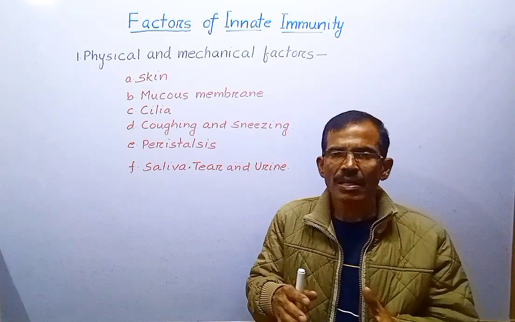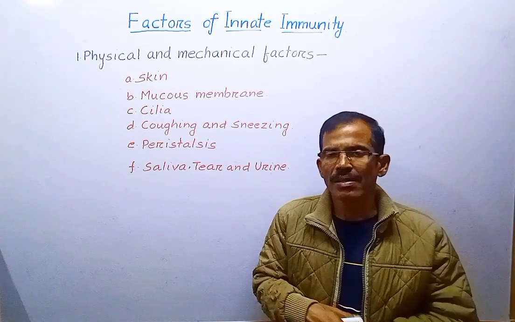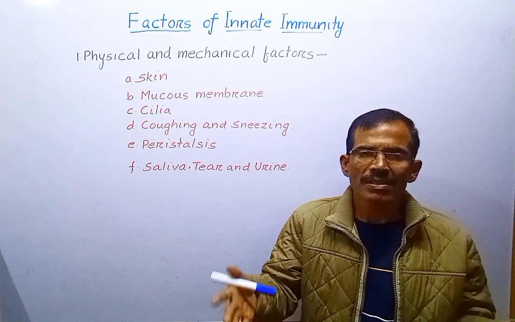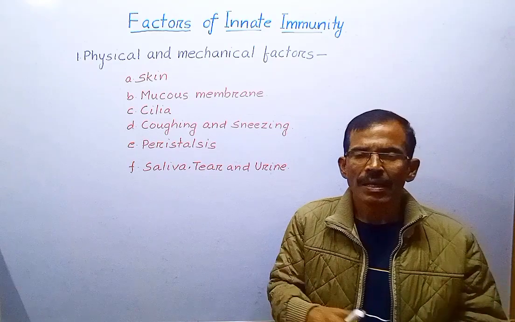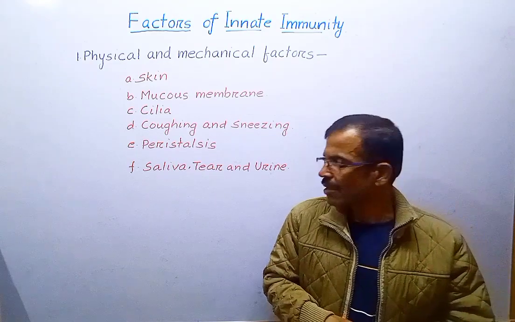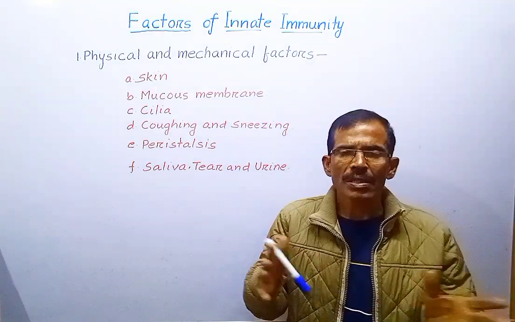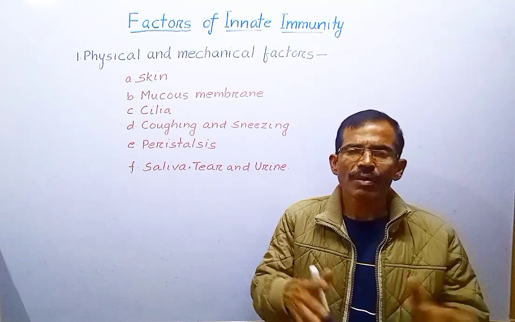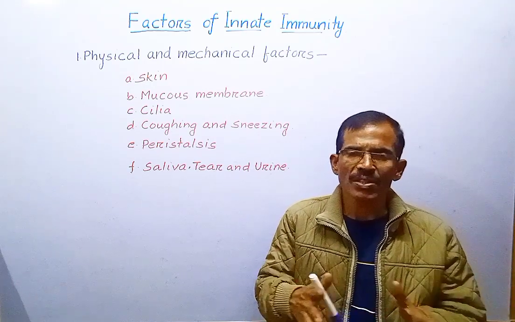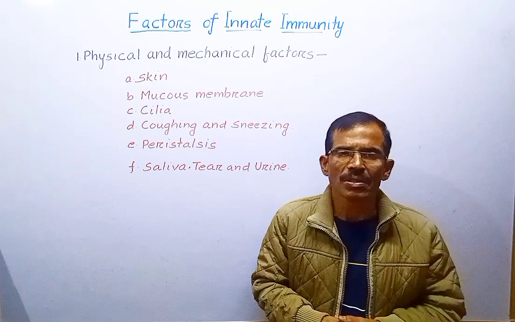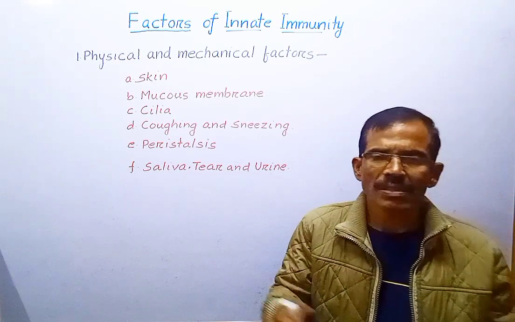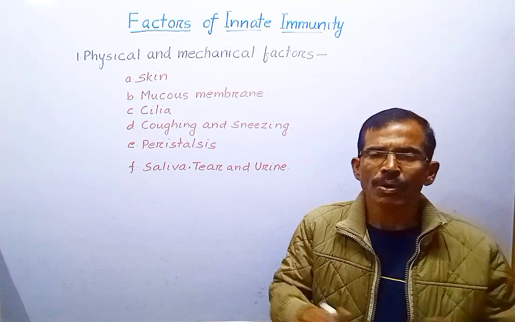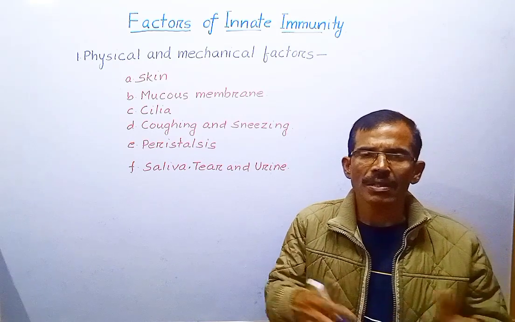The mouth is constantly bathed in saliva, as a result of which foreign substances that enter the mouth are swallowed and digested in the gut. The conjunctiva of the eye is freed of foreign particles by flushing of the lacrimal secretion called tear. In addition, the washing action of urine removes microorganisms from the urethra.